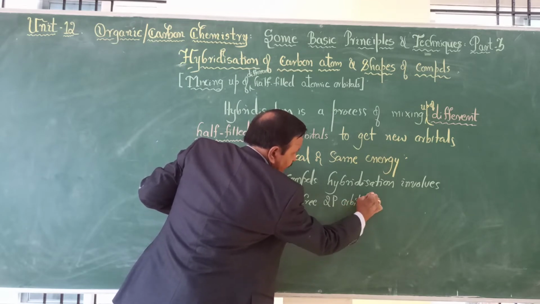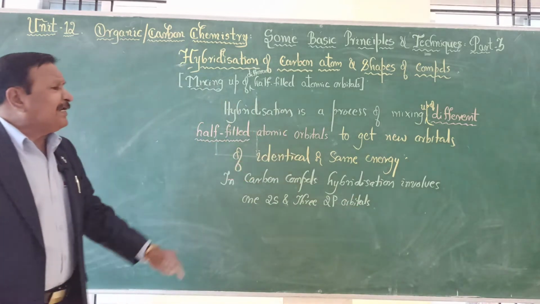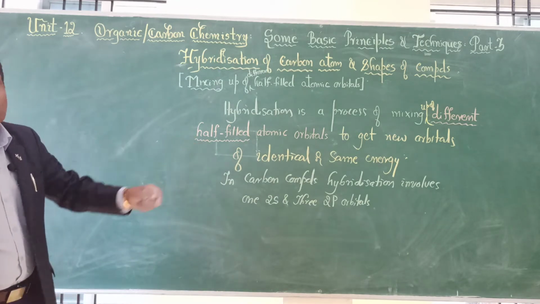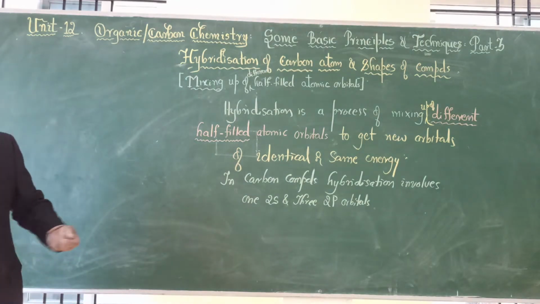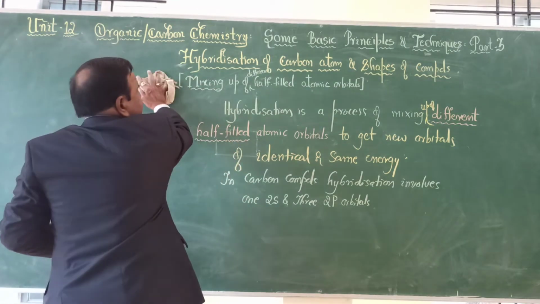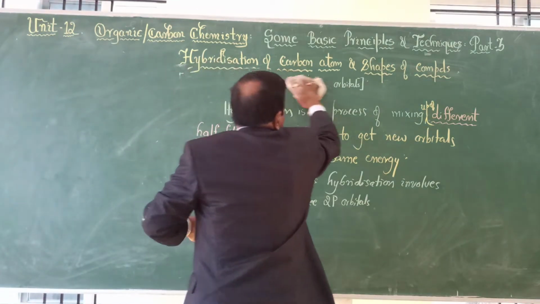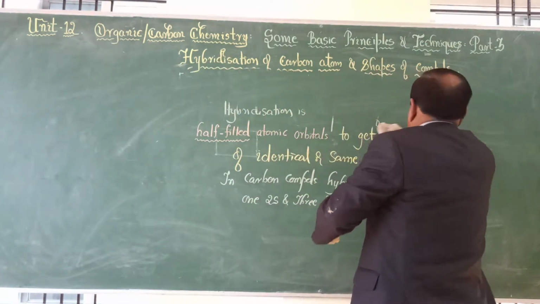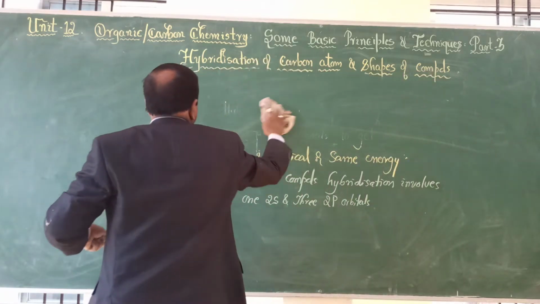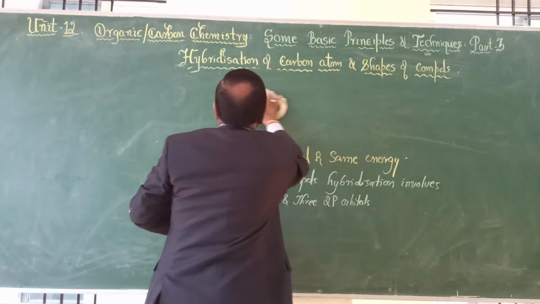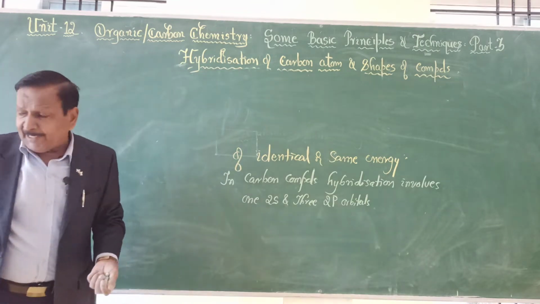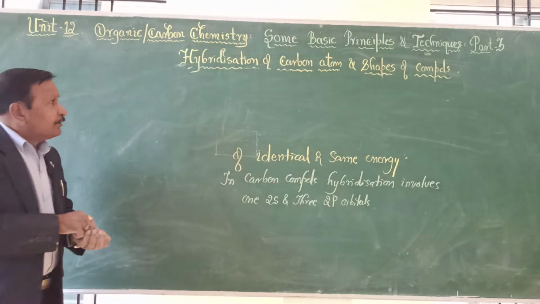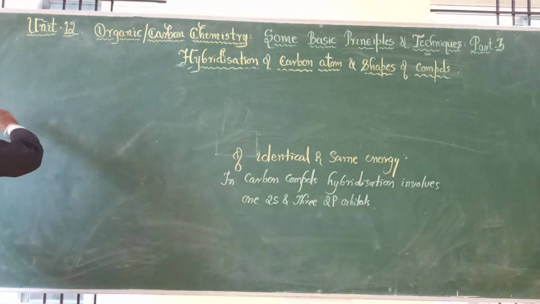Okay. So how many possibilities are there, that we are going to study, and that is we are going to study shapes of compounds. So first we are going to study hybridization of carbon atom and shapes of compounds. So here you can start.